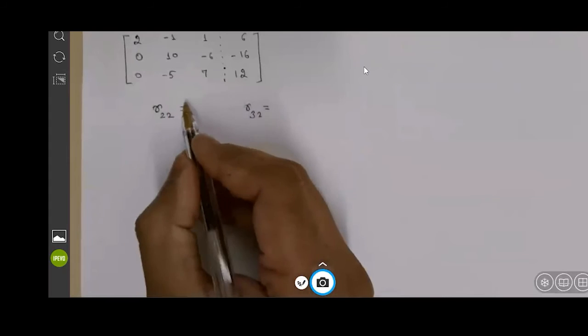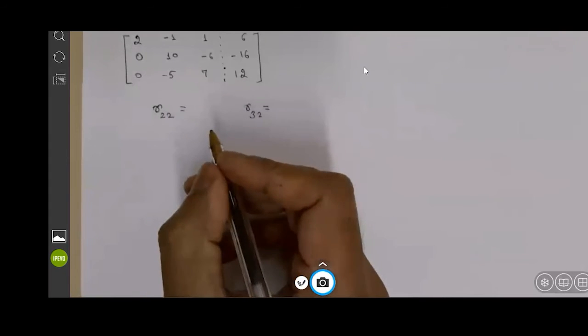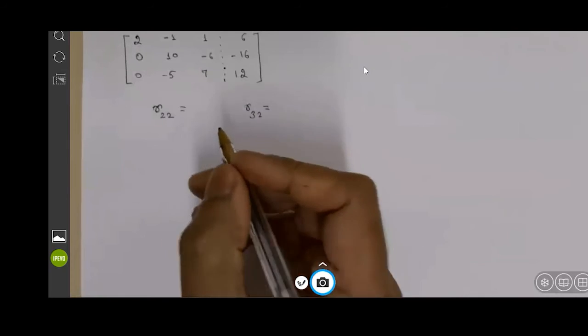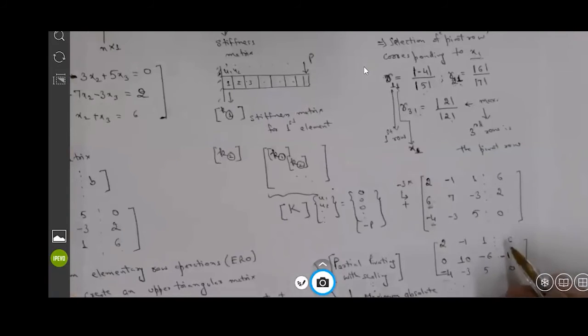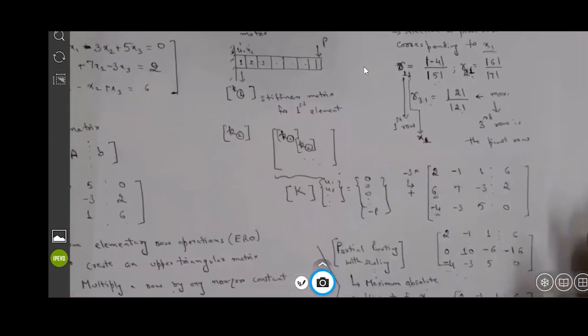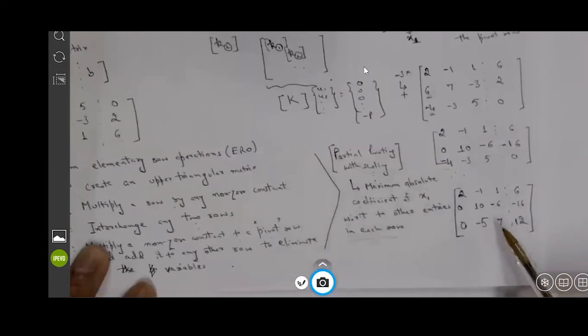Professor, a quick correction. -5 on the last row should be 1. Why should it be 1? Because we multiply 2 by -1 and plus 3. What is the problem? -5, yeah.